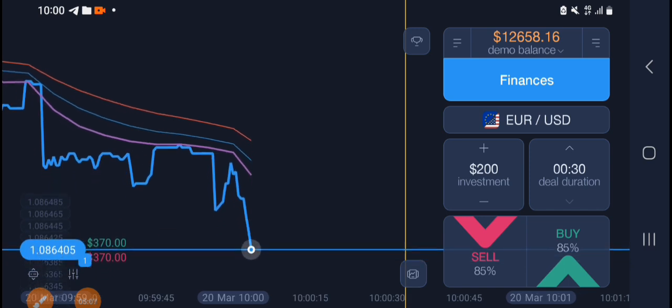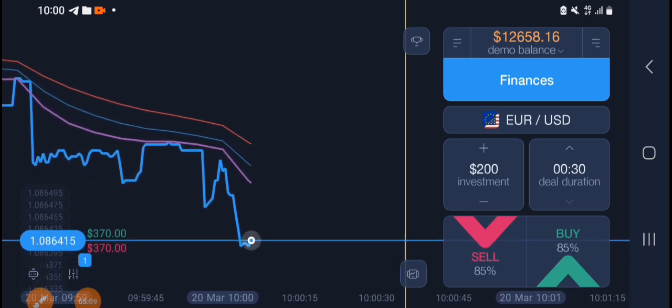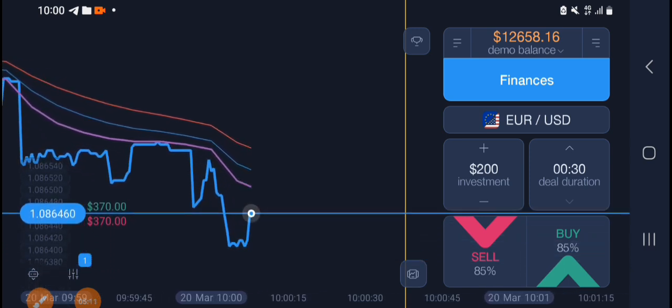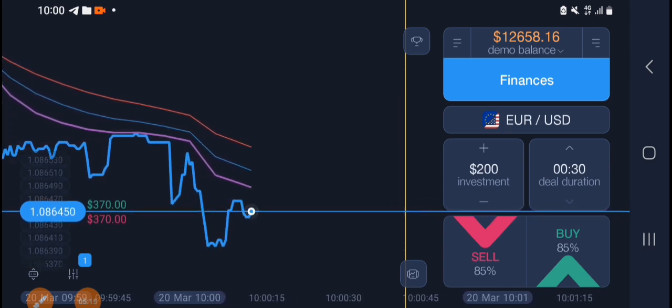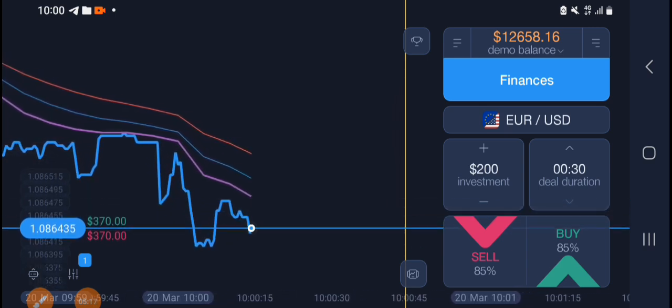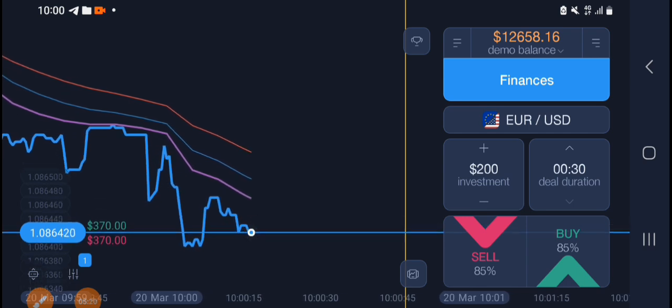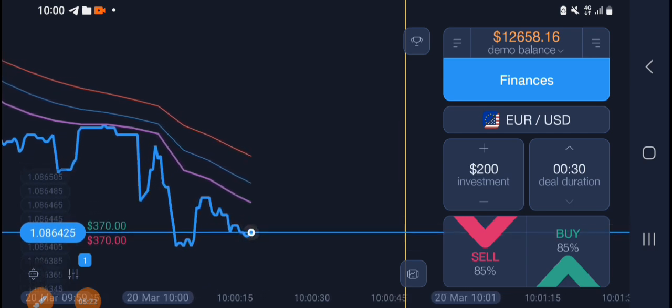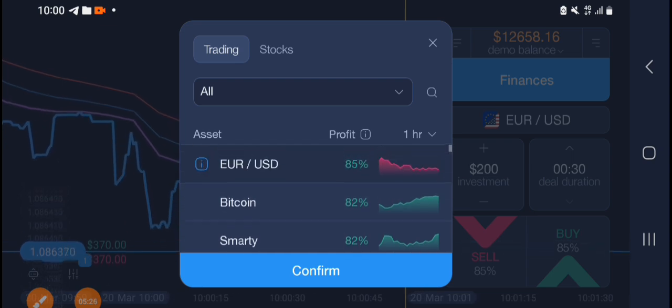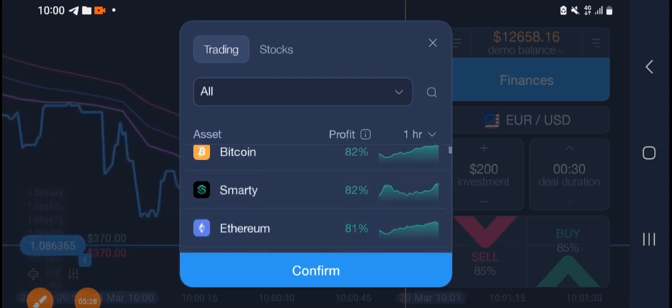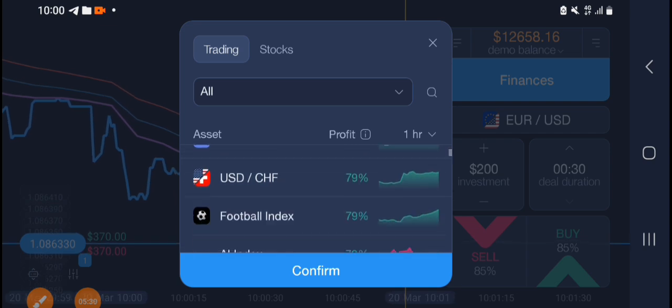Now, as someone who is yet to know how it works, come to this place right now. You're going to see the different pairs of this platform right here. You have Euro, USDT, Bitcoin, Smartly, Ethereum.